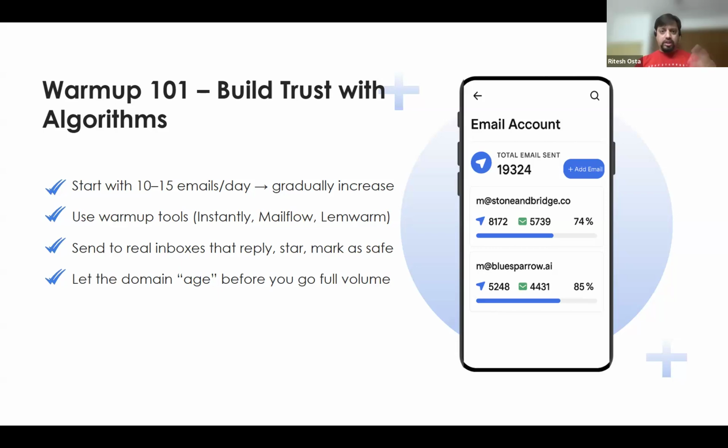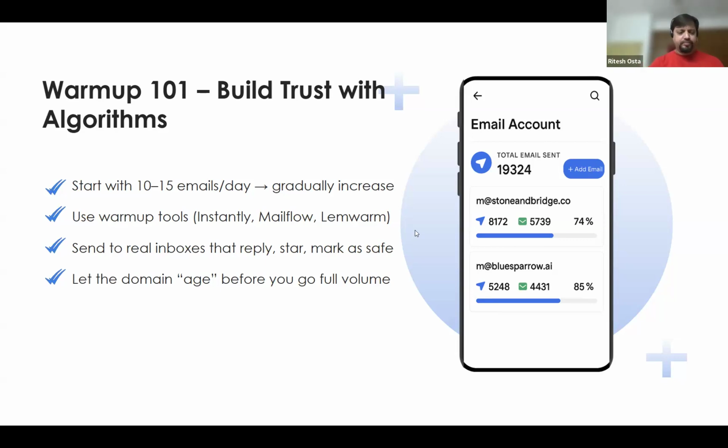Is that right? Or will there be real human beings as well, as part of the community, who slowly warm up the mailbox and give an impression that this mailbox is being used by a real human being? Is that a correct statement, Shyam? Exactly. You put it correctly, Nitesh.